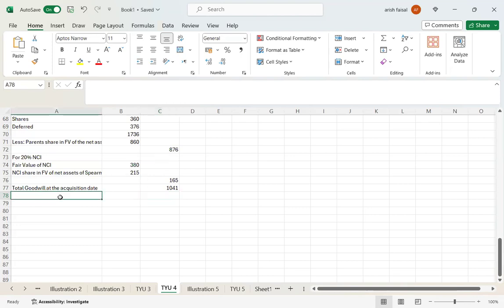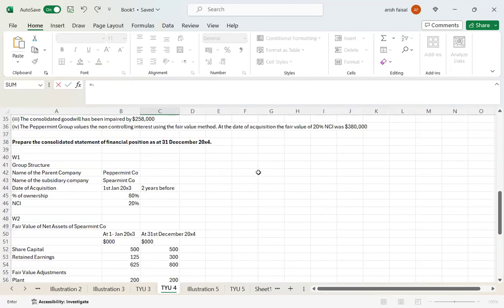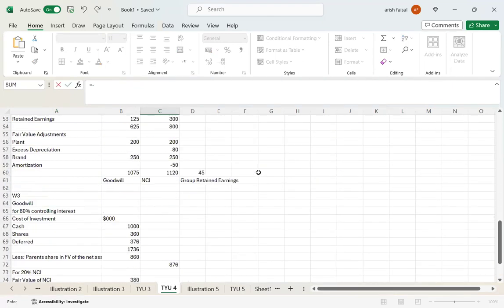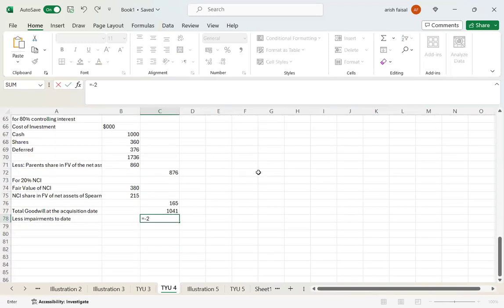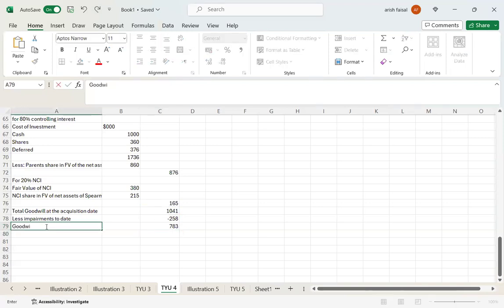So in this case, we have to say less impairments to date. So in those 2 years, the total impairment which has been charged is 258,000. So I'm going to subtract 258,000 from here, and that will be the goodwill which I need to report in my consolidated balance sheet, which is 783.